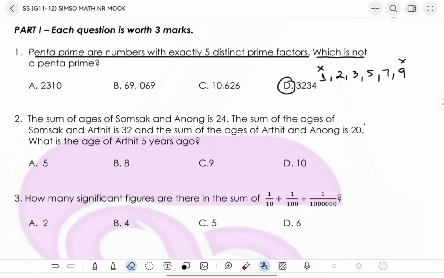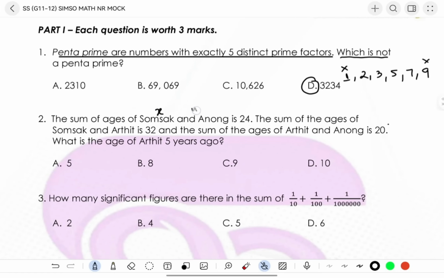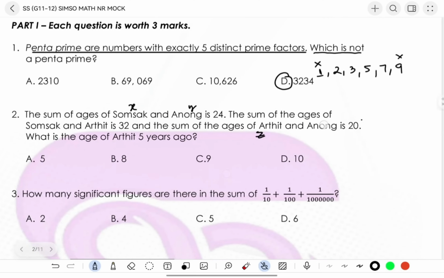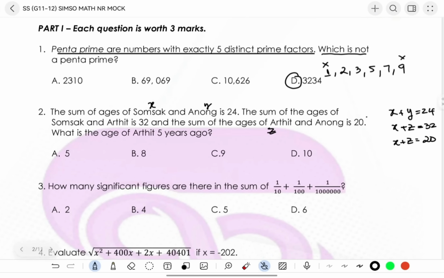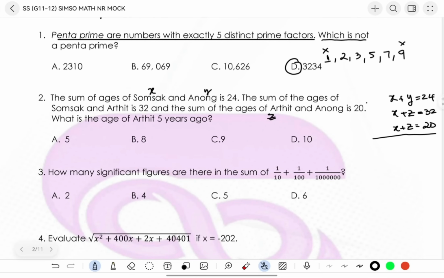How about we say this is X, this is Y, and the third would be Z. So let's say X plus Y is 24, X plus Z is 32, and Y plus Z is 20, which is the sum of the second and the third. So you can just solve this. I think you get this in grade 11 or 12 again and again, so this is just fine for you guys.